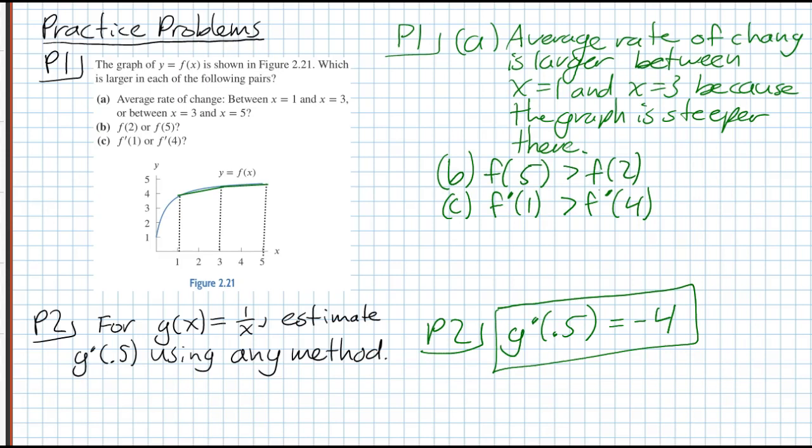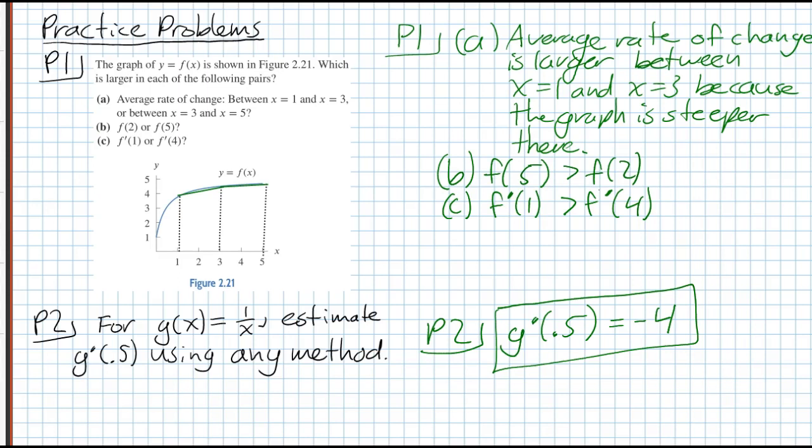Okay, so for A, the average rate of change is larger between x equals 1 and x equals 3, because the graph is gradually getting less and less steep. So the slope between these 2 points, you can tell, is a little bit steeper than this slope. So that means a greater average rate of change.